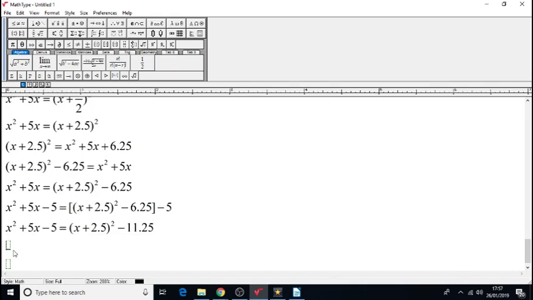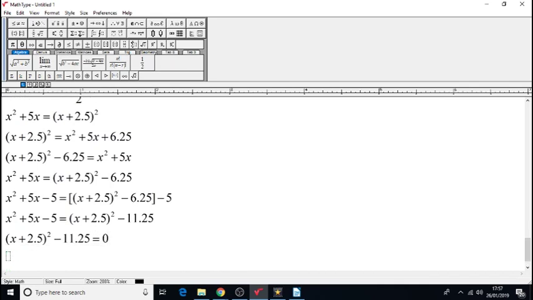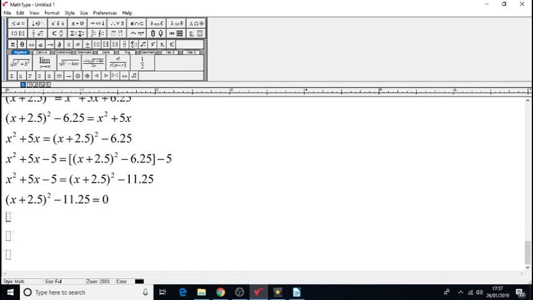So therefore now the equation becomes (x plus 2.5) squared minus 11.25 is equal to 0. So now we need to solve for x. Just like in the first question, we get x on its own. So first we add 11.25, so we move it to the other side.